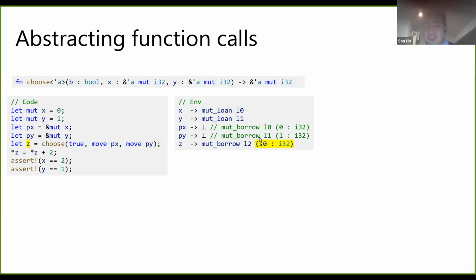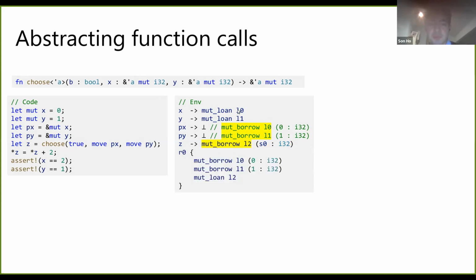And as we don't know what this value is, we just insert a fresh symbolic value S0. And of course, the question is, what is this L2? Because of the signature here and the lifetime annotations, we know that this borrow L2 should be linked to the borrows we just consumed, so L0 and L1.